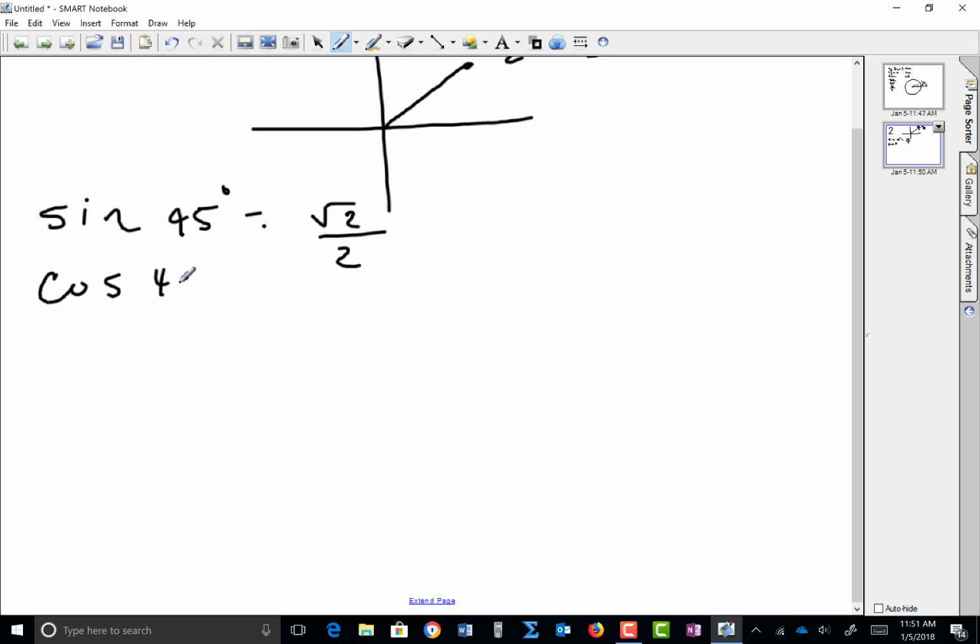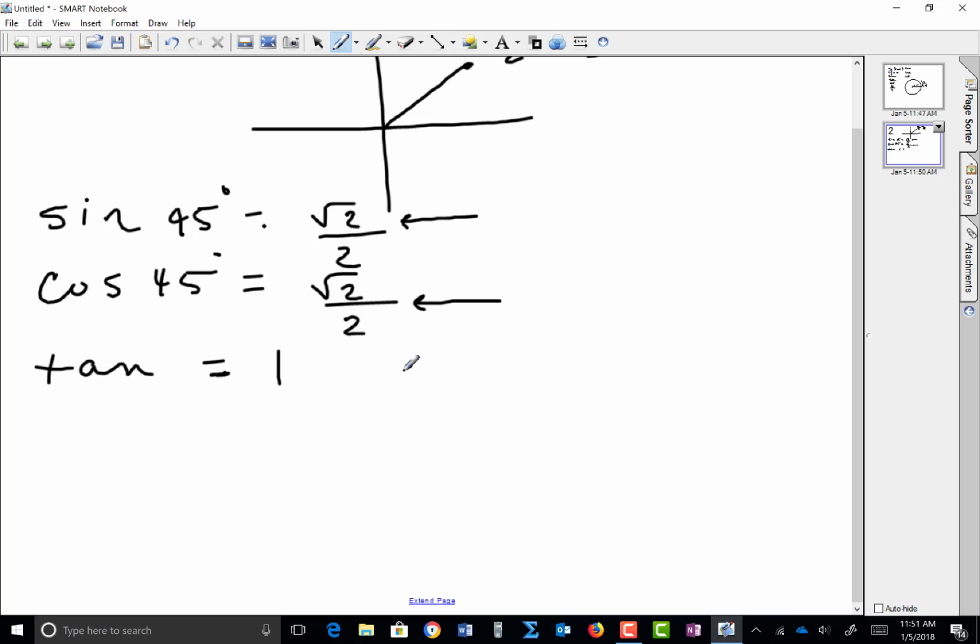Cosine would also be square root of 2 over 2, because that's the x value. Tangent is y divided by x, and this is the same number. So any number divided by itself is just 1. So the tangent of 45 degrees, or pi over 4, is 1.